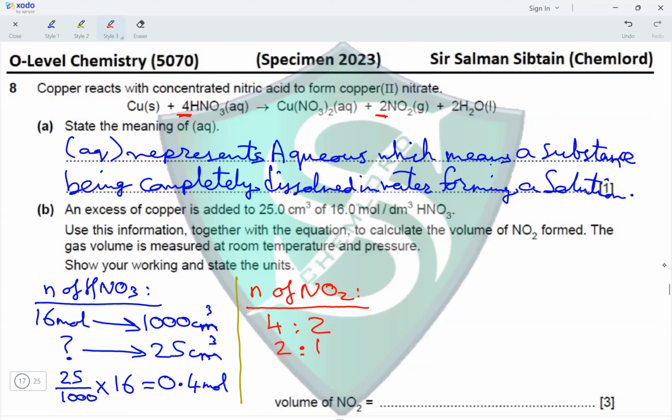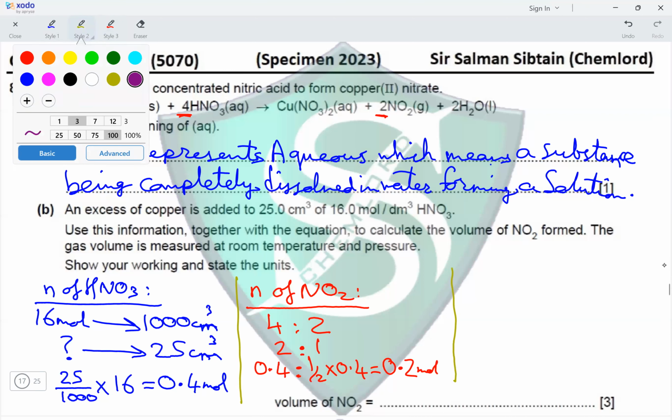Therefore, the number of moles of nitric acid that we calculated was 0.4. So the number of moles of NO2 would be half of 0.4, which is equal to 0.2 moles. So now we have moles of NO2. 0.2 moles of NO2 are present.